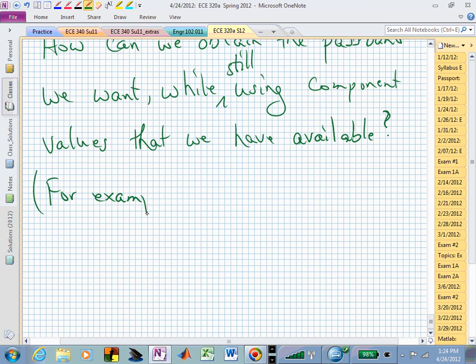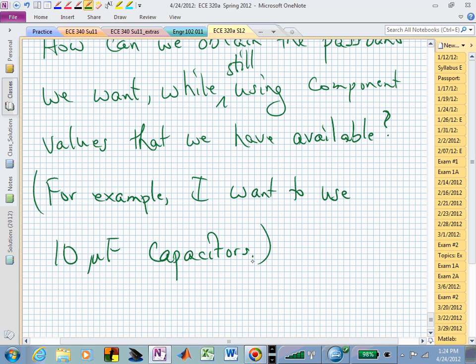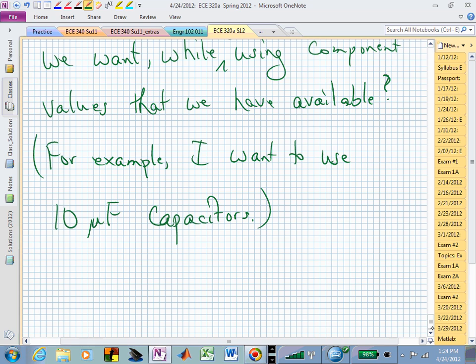As an example, suppose I want to use ten microfarad capacitors.